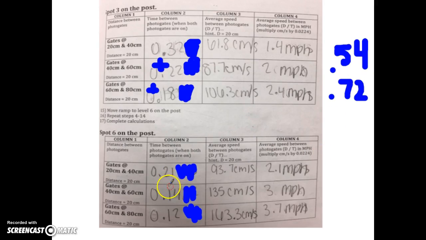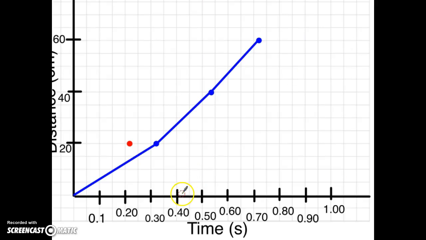Next, 0.21 plus 0.14, my second point is going to be 0.35. Because again, since I'm going down the ramp, I'm adding these two numbers together as I'm also adding the distances together. My digit was 0.35.